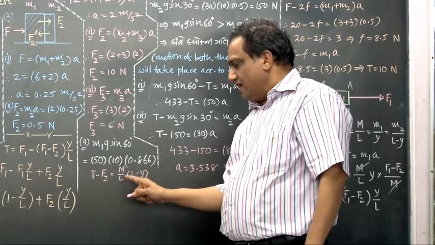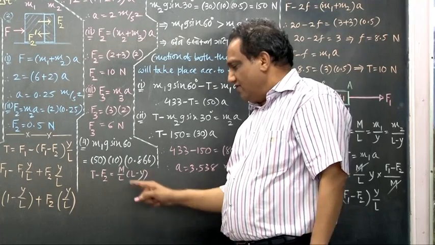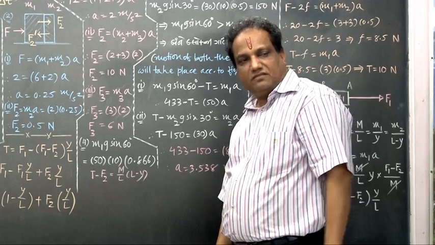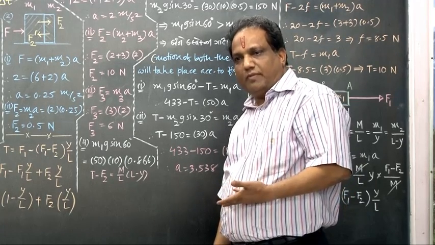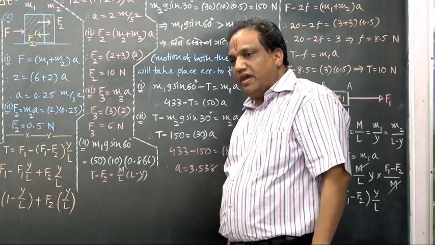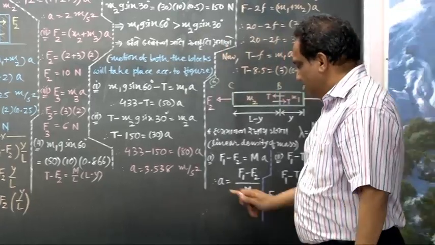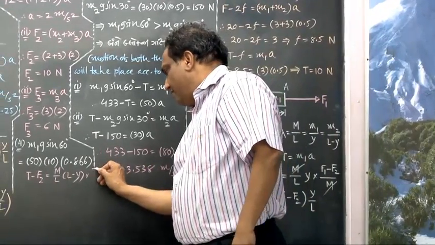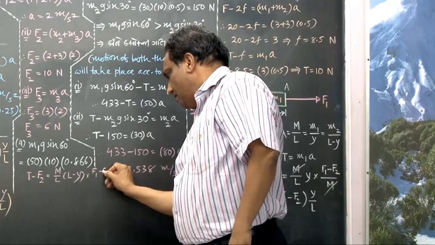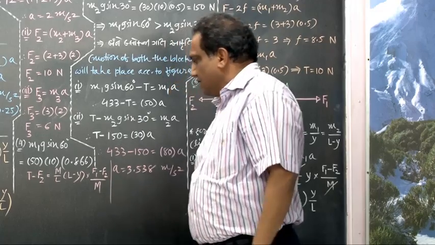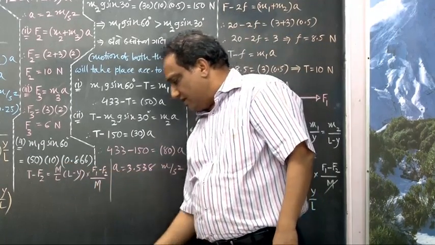This L and L you will cancel, and then it will become M minus Y. You must know how to put the bracket. This is M2 into A. A is how much? F1 minus F2 upon M. And now M and M will cancel.